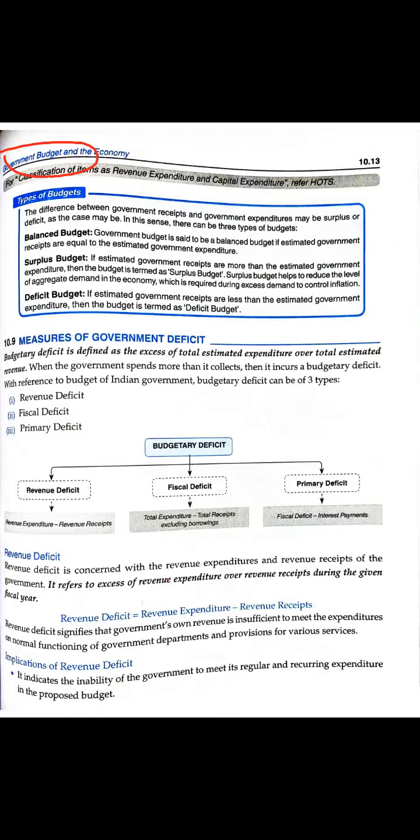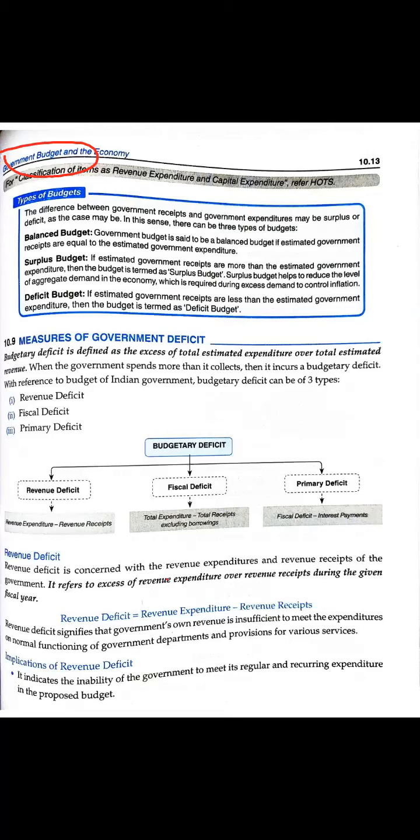So measures of government deficit. Okay. So what is deficit? When expenditure is more than receipts. Okay, let us discuss. Budgetary deficit is defined as the excess of total estimated expenditure over total estimated revenue.